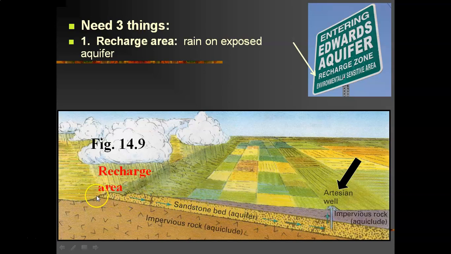Now the problem is recharge areas are becoming paved through the expansion of suburbia. What's winding up happening is recharge areas are becoming few and far between, and municipal areas are starting to zone off a recharge area so they can protect the water supply for the city. And again, this is in Texas.